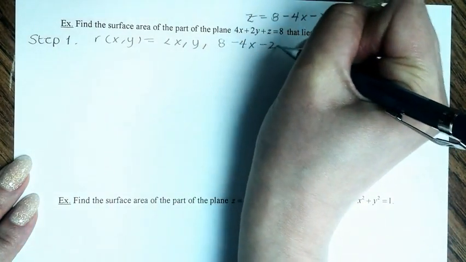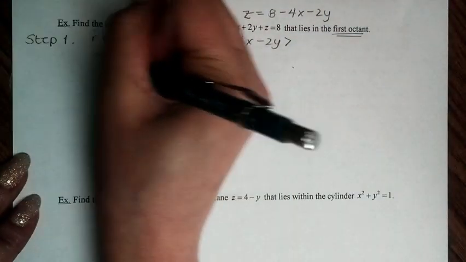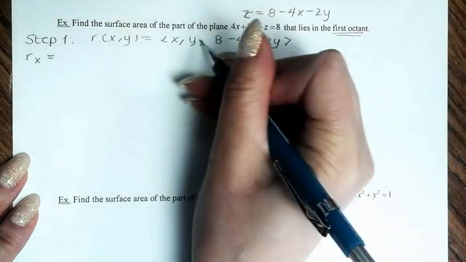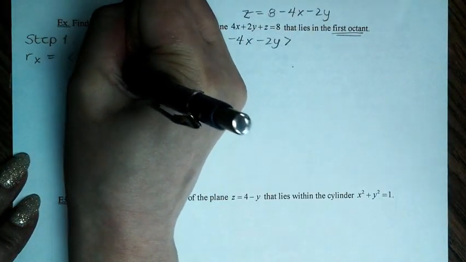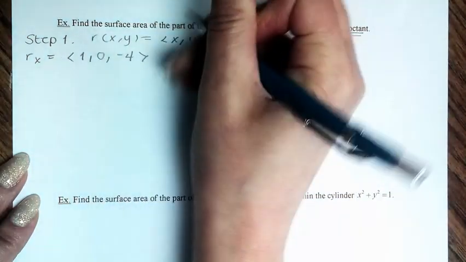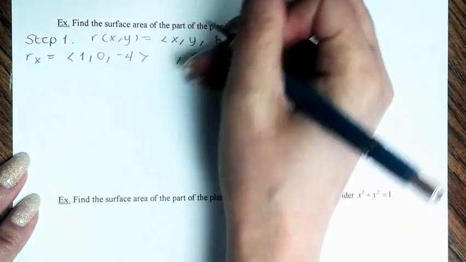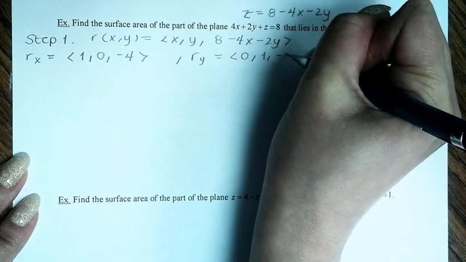Then you take the partial derivative with respect to x of your vector valued function, which is (1, 0, -4). The partial derivative with respect to y is (0, 1, -2).